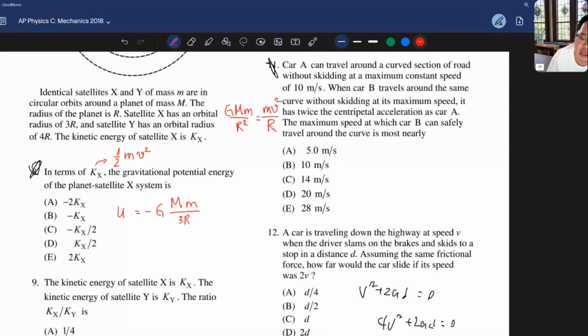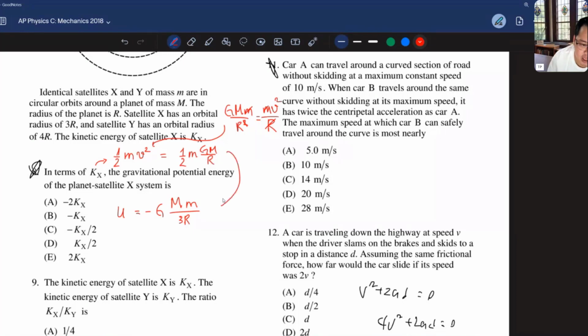V squared over r is the centripetal acceleration. From this formula, we can get v squared. So we can represent the kinetic energy in terms of big M, capital G, and r. Simplify the small m here and r here with the square. So v squared is GM over r, and the kinetic energy is 1/2 of this, big G, big M, small m, and r.